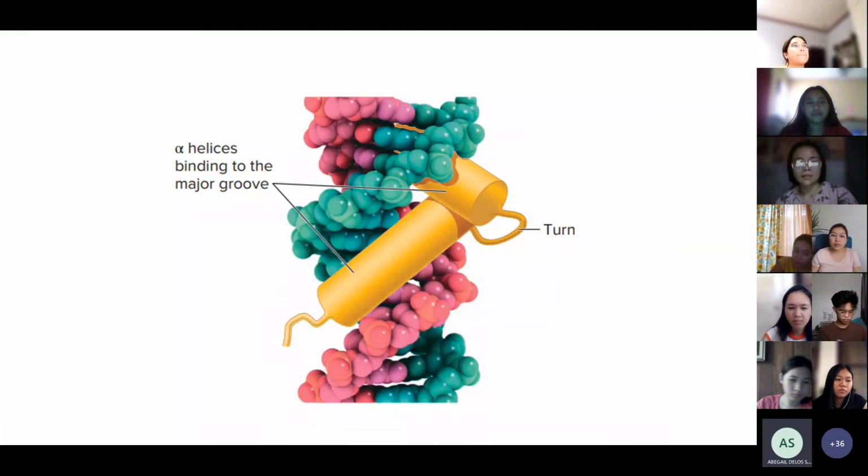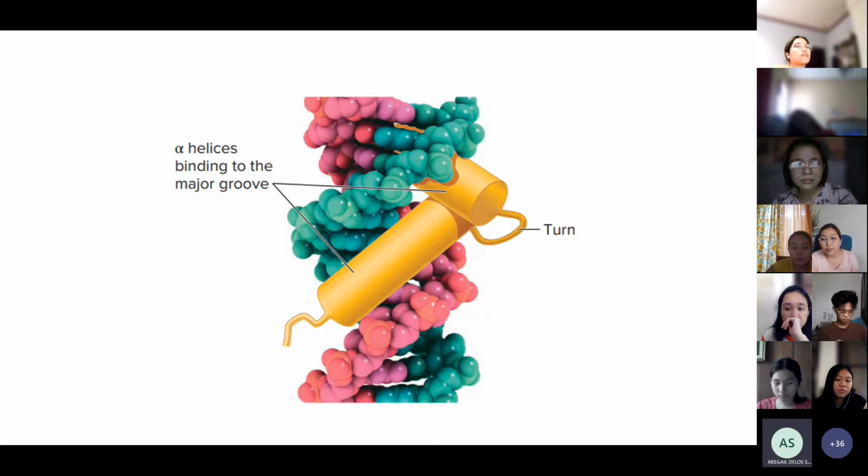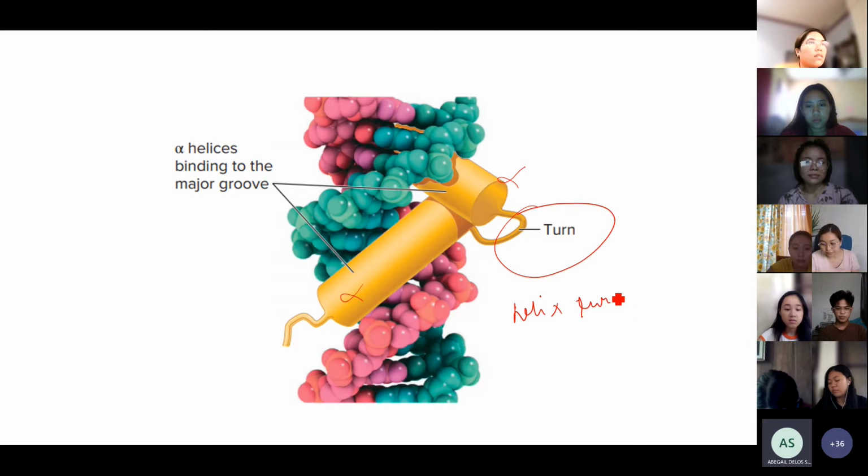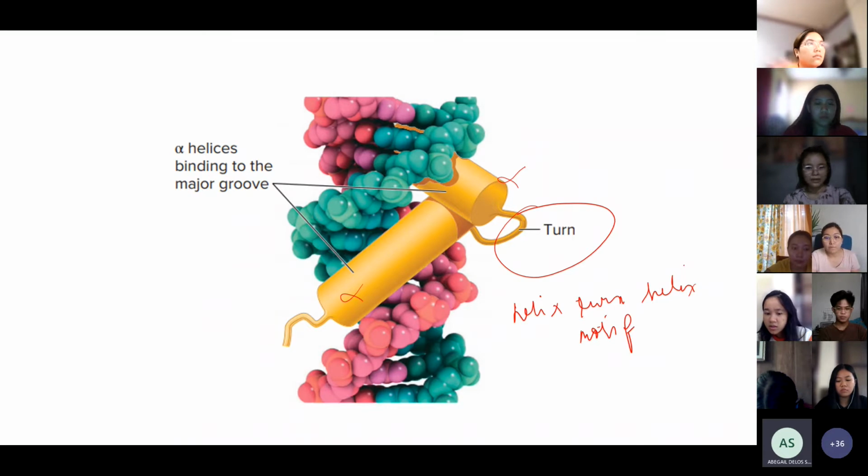Okay, so here we have a figure of the binding of our sigma factor protein to the DNA of a promoter. The part of the protein contains 2 alpha helices, connected by a turn, which is termed a helix-turn-helix motif.